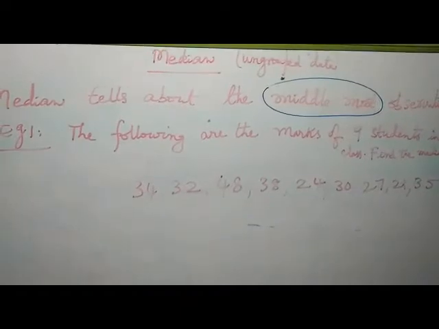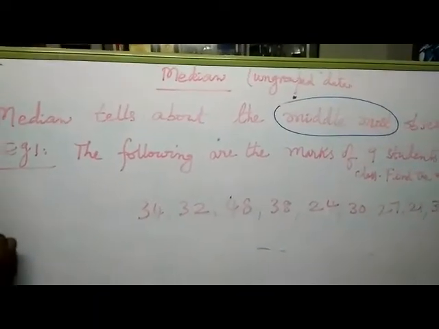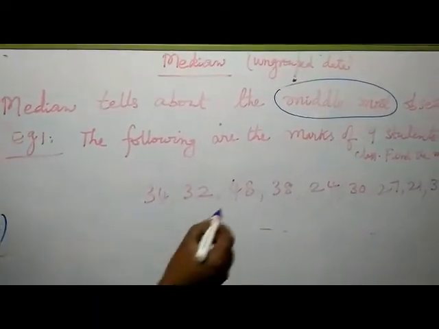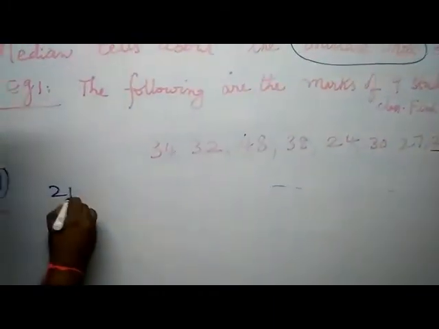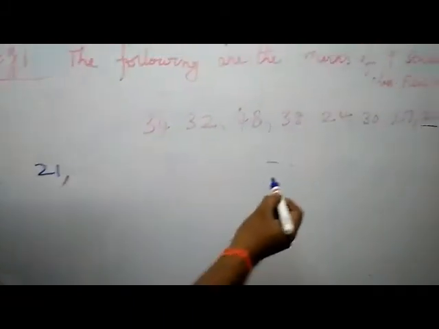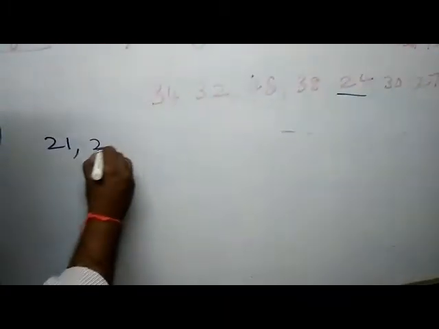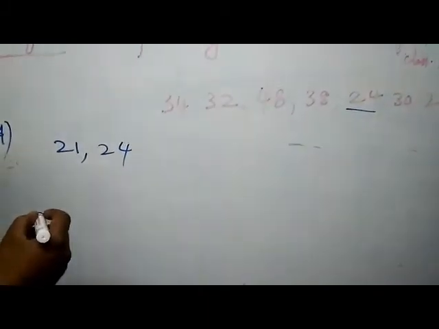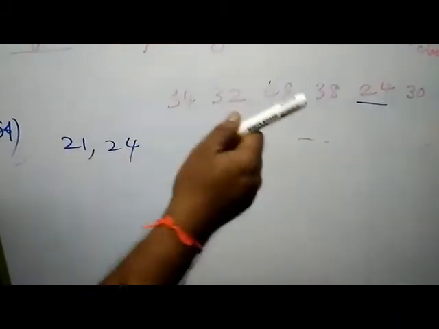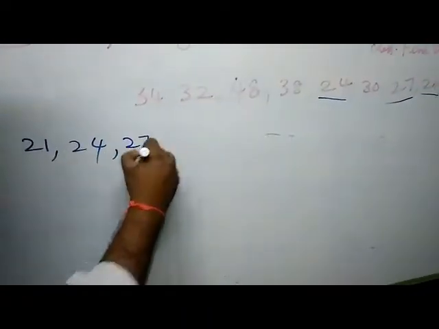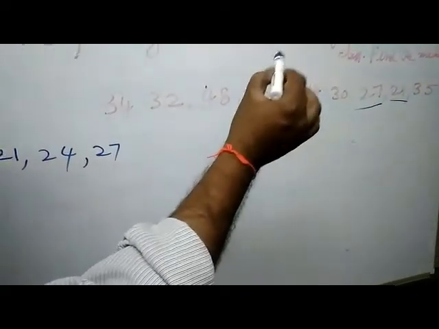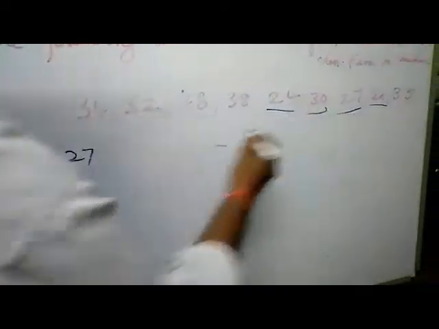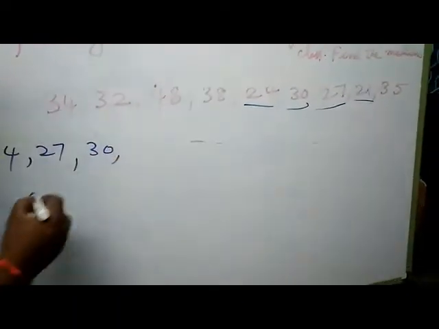Let us first write in ascending order. You know very well how to write it. First, the smallest number is 21. The next smallest one is 24, then 27, then 30.